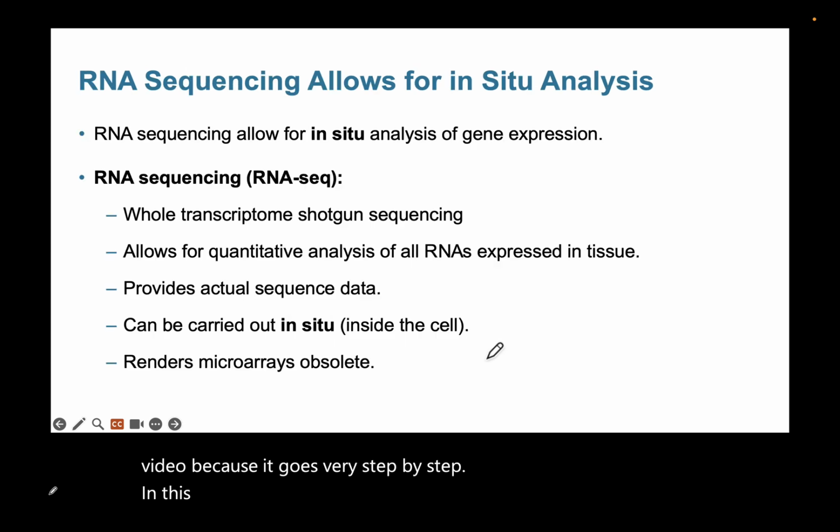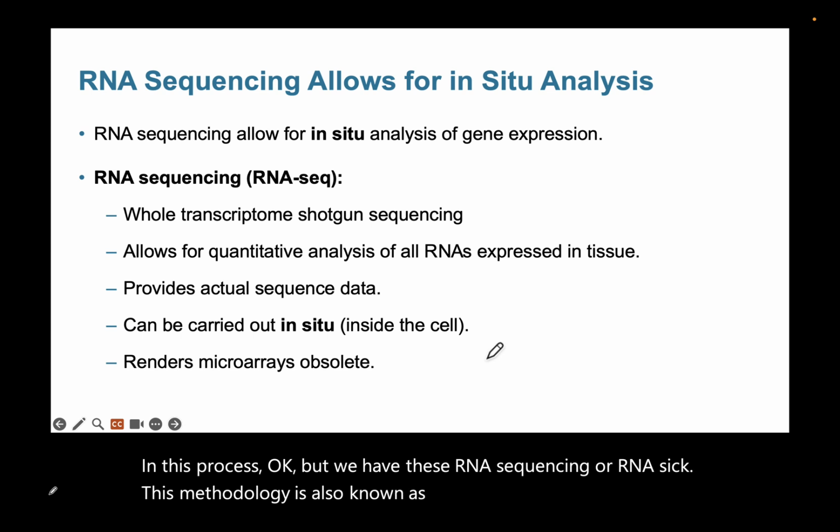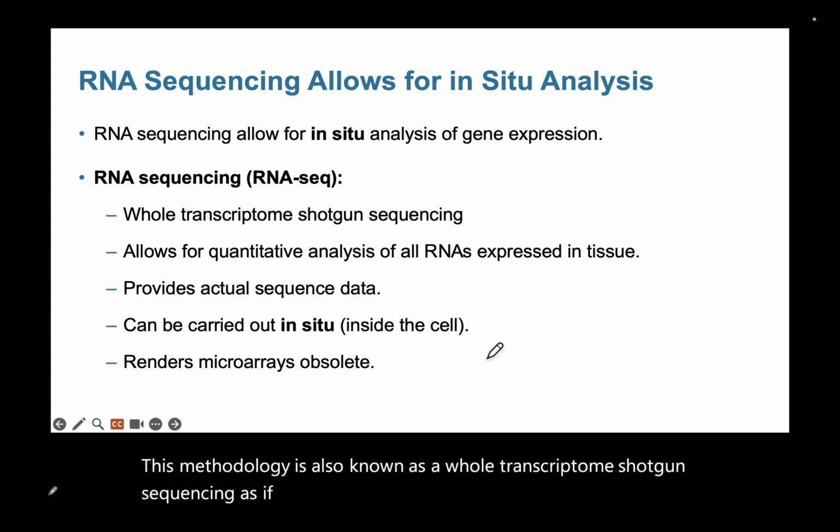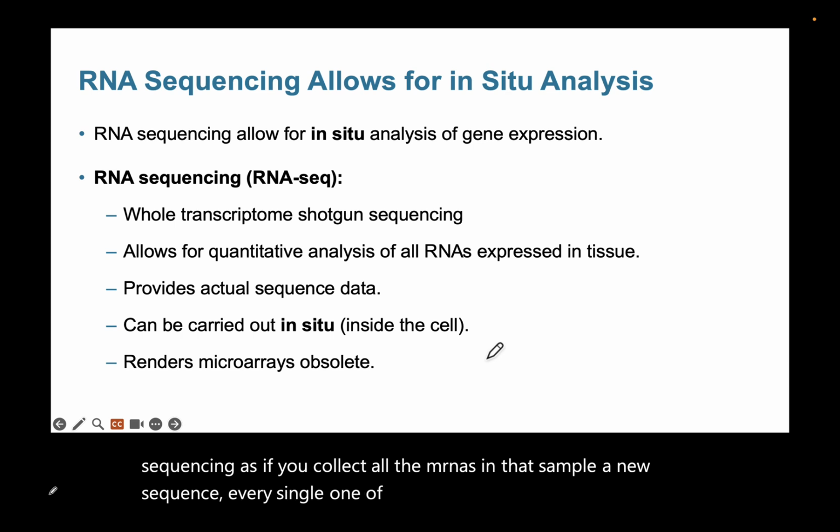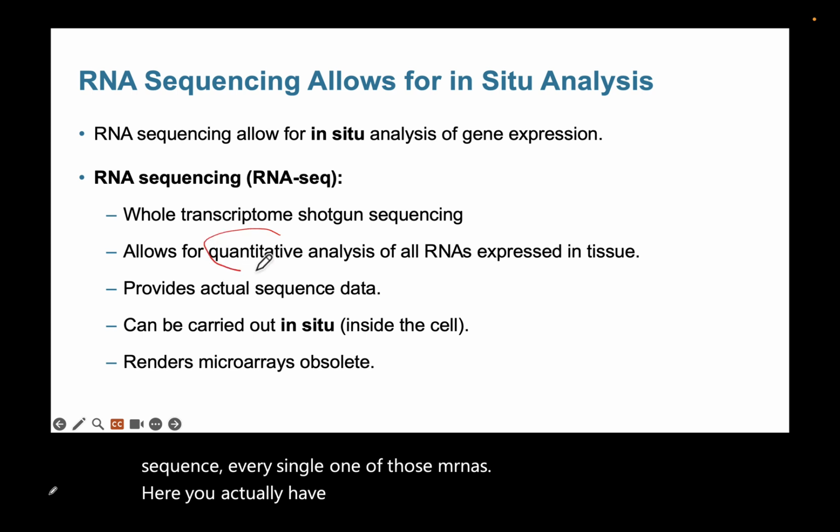Okay? But we have this RNA sequencing, or RNA-seq. This methodology is also known as whole transcriptome shotgun sequencing, as if you collect all the mRNAs in that sample and you sequence every single one of those mRNAs. Here you actually have a quantitative analysis of those RNAs expressed in the tissues.